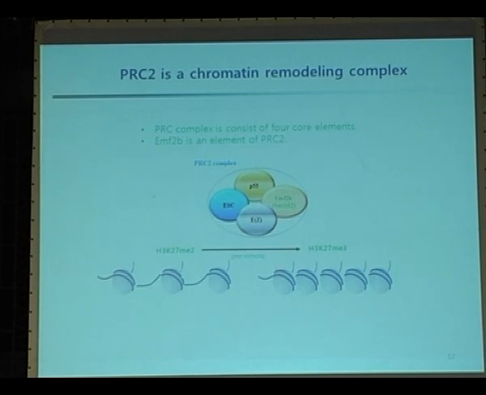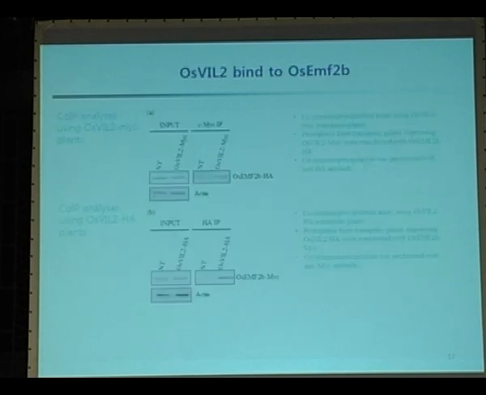And when we look in the rice genome, there are 2 copies of the EMF2-like gene, so we named them EMF2A and EMF2B. What we did was try to see whether BIL2 binds with EMF2B.